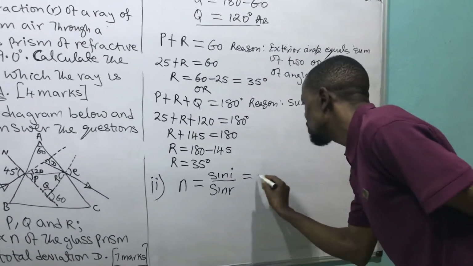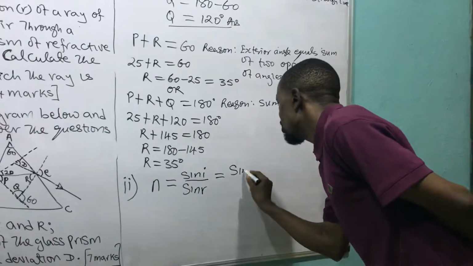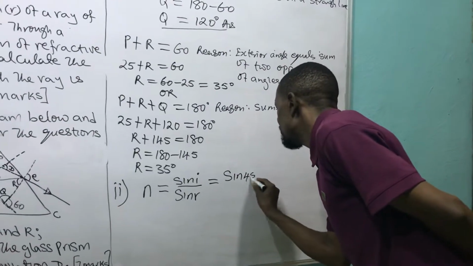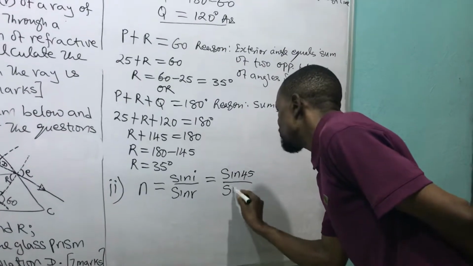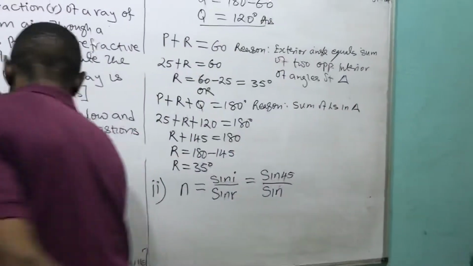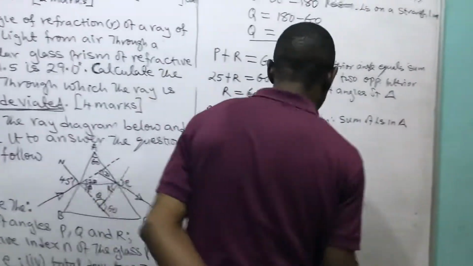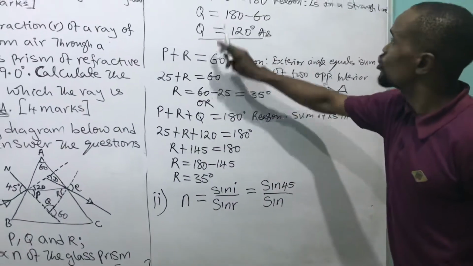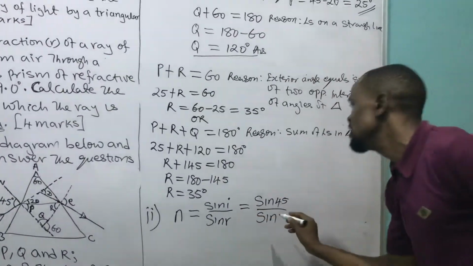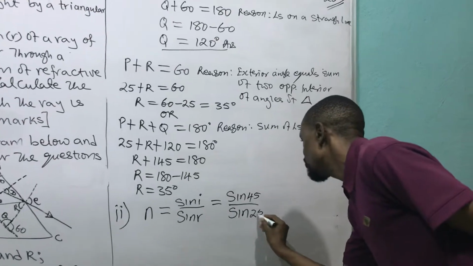In this case, sine of incident 45. What's my refraction? My refraction is angle P. And what is angle P here? I have gotten my P to be 25. I think you are following.